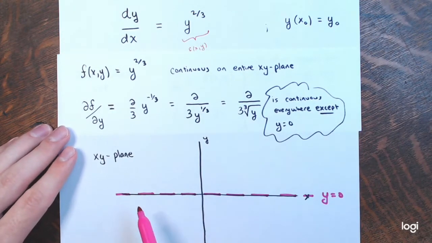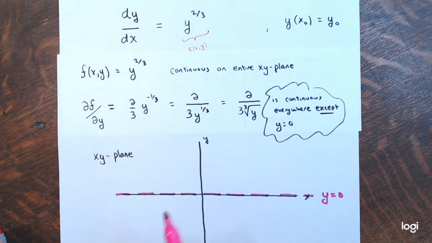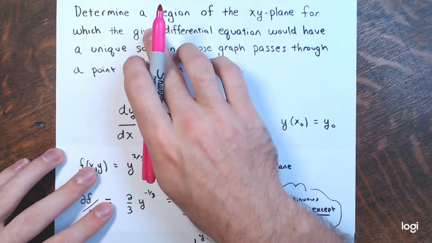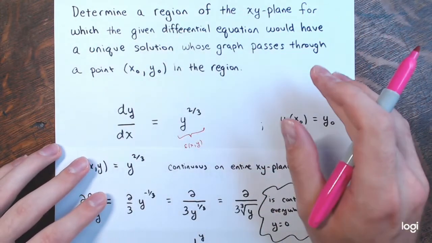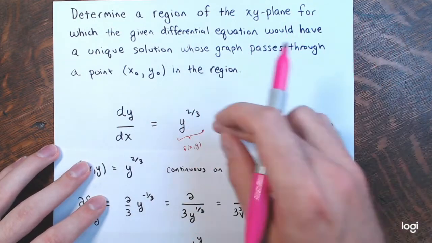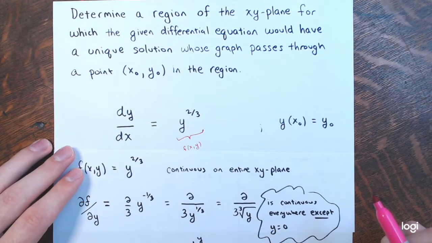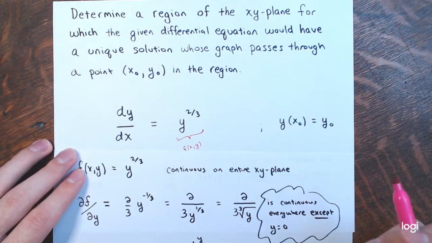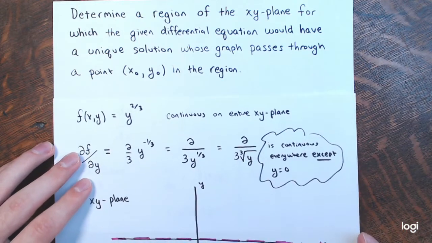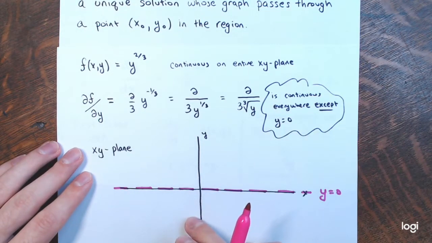So any region that I'm talking about, when they say determine a region of the xy plane for which this initial value problem would have a unique solution, whatever region I decide to use, it can't contain this line.